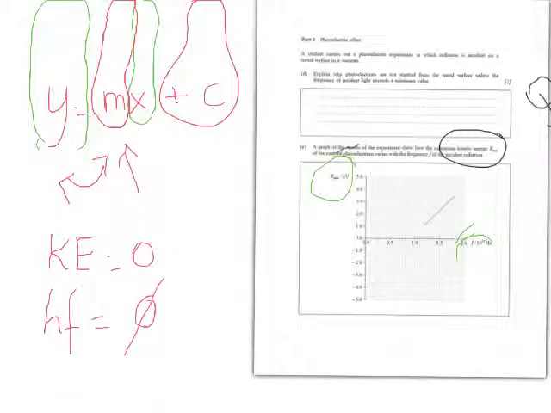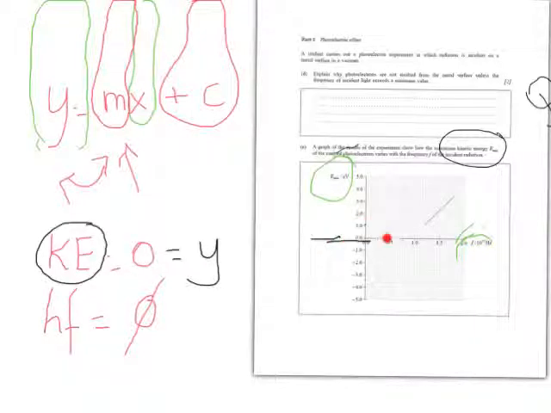And if we think about that, we look at our graph again, we can see that at that situation, y, because kinetic energy is on the y-axis, equals 0. So where does the line hit where the y-axis is 0? That would be at this point here.